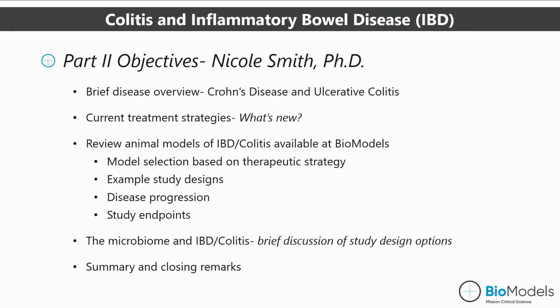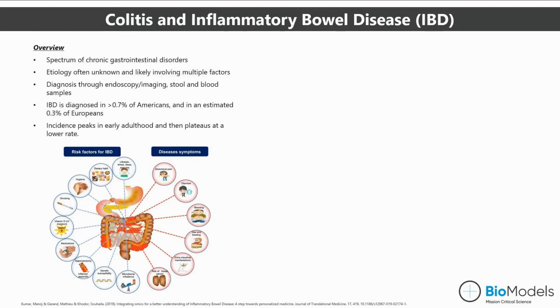And then I'd like to spend most of my time today reviewing the animal models of IBD and colitis that we have at BioModels, and talk about model selection, example study designs, go through disease progression, and introduce study endpoints that we have available. And then I'd like to spend a little bit of time talking about the microbiome and IBD and colitis, and what we have available for study design options. And then I will go through some closing remarks.